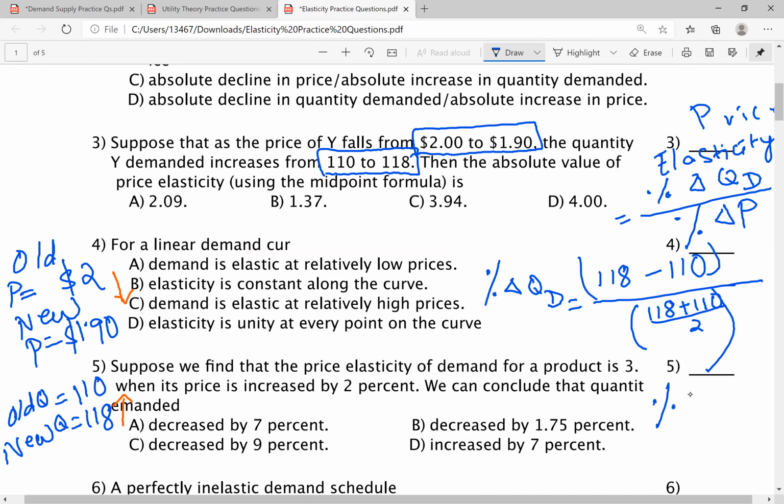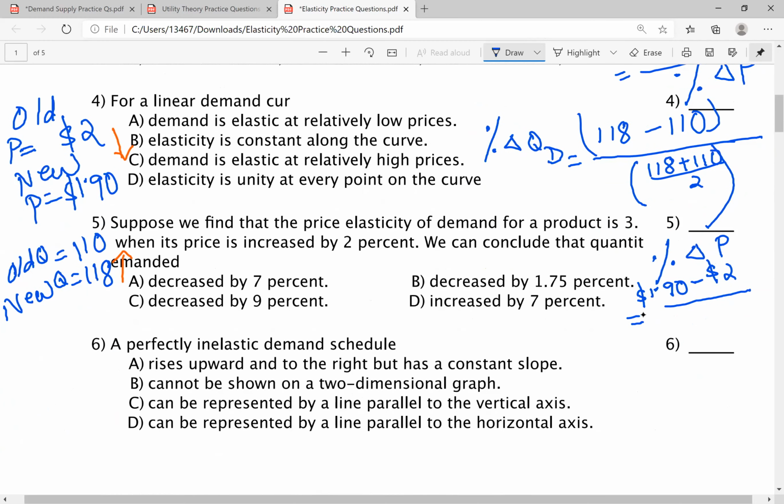Next, I'm going to do the percentage change in price. This will be the new price minus old price. The new price is 1.90. From that, I subtract the old price, which is $2.